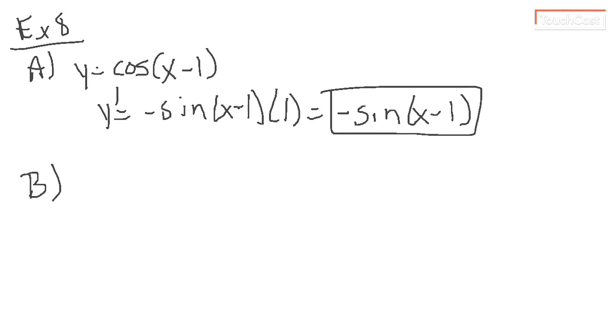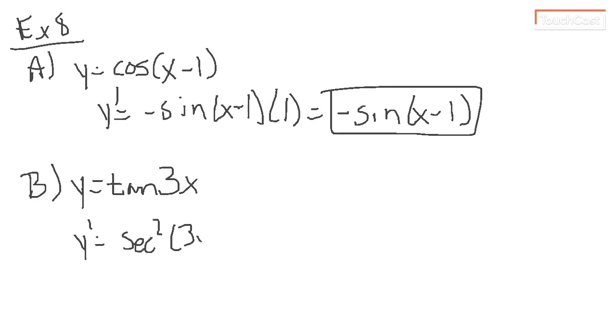We're going to look at one more. We're going to have y is equal to the tangent of 3x. So y prime, well, derivative of tangent is going to be secant squared 3x times the derivative of 3x, which is 3.